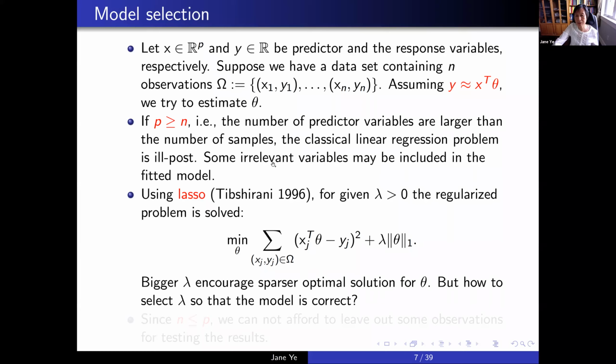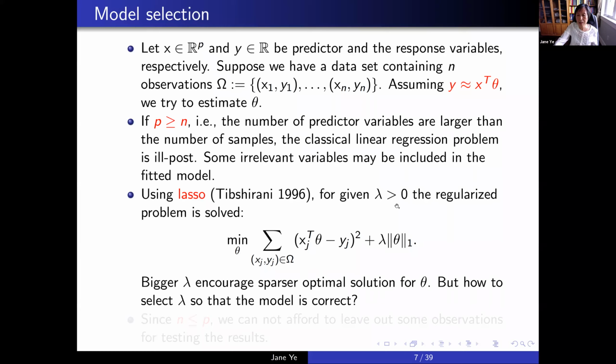And there are some irrelevant variables included in the fitting model, because p is very large. I believe Robert Tibshirani is your alumnus, right? He obtained his undergraduate degree from Waterloo. He introduced the so-called lasso.